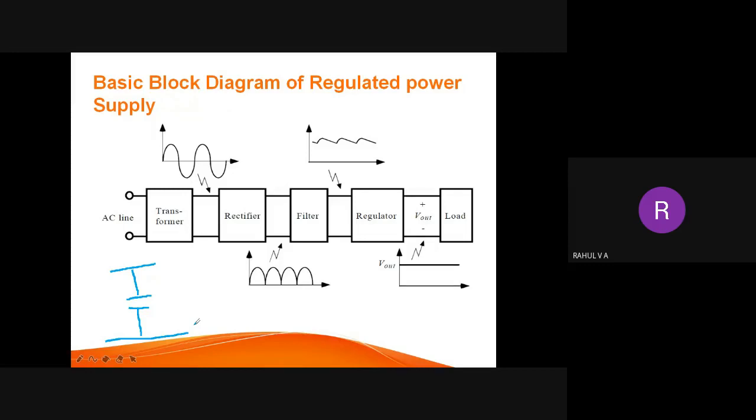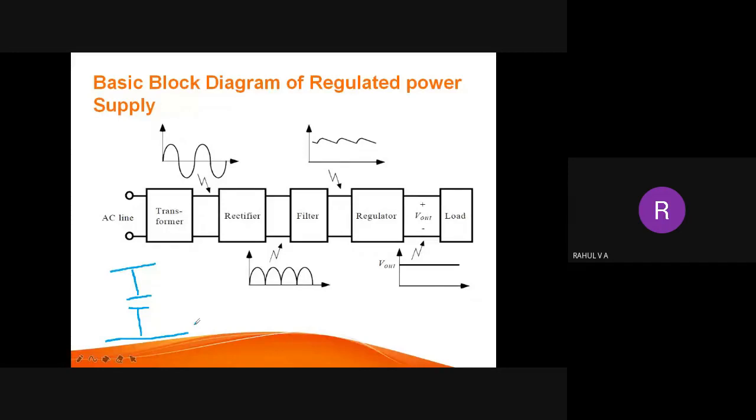Today we have learned about the DC power supply. A DC power supply has a transformer. The purpose of the transformer is to convert the input voltage level to an appropriate voltage level, maybe of higher or lower magnitude, and it also provides electrical isolation.